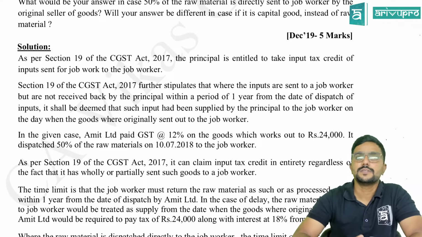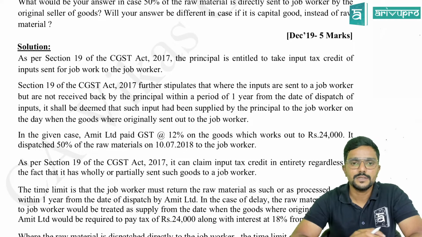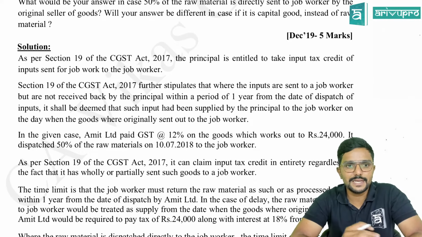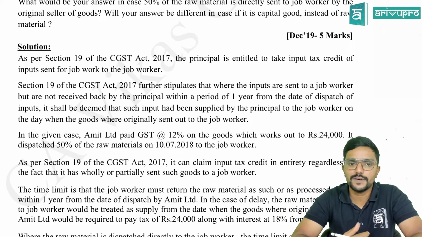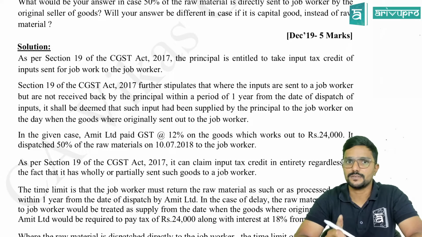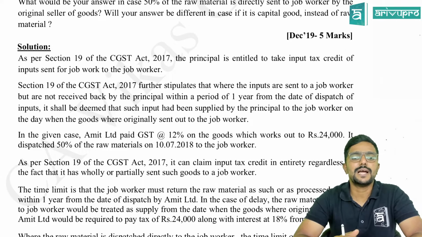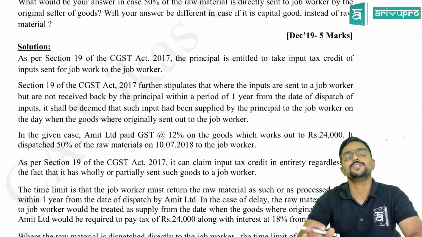As per section 19 of CGST Act 2017, the principal is entitled to take input tax credit of inputs sent for the job work to the job worker. Section 19 of CGST Act 2017 further stipulates that where the inputs are sent to a job worker but are not received back by the principal within a period of 1 year from the date of dispatch, date of dispatch meaning date of sending of the inputs, it shall be deemed that such inputs had been supplied by the principal to the job worker on the day when the goods were originally sent out to a job worker.